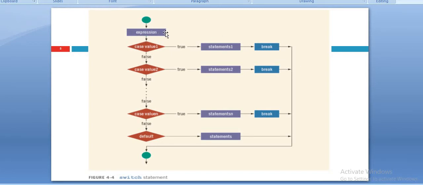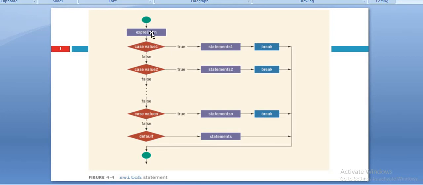The expression is given here. For example, as I told you, the day, and day is in fact the variable of integer type in my example, that specifies if the value of day is 1, Monday should be printed.